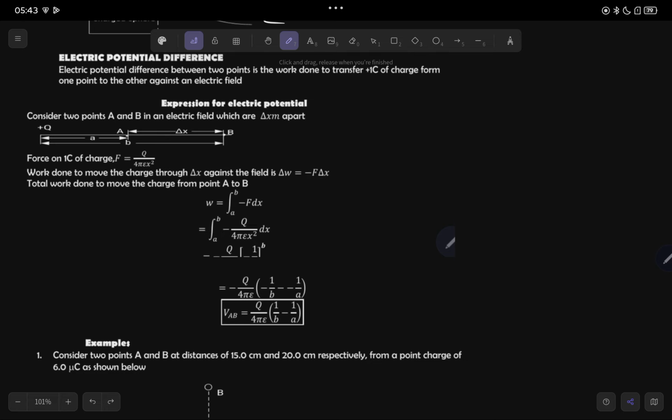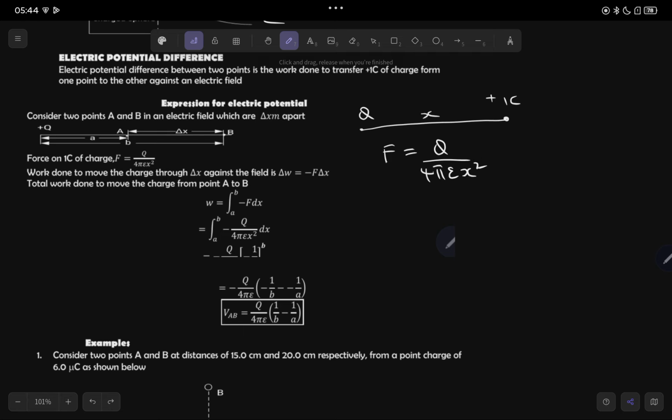Let's consider 2 points A and B. Point A is a distance A from positive Q, and point B is a distance B from positive Q. Now, the force on a 1 coulomb charge, assuming it's a distance x from Q: if you have a Q here and a positive 1 coulomb charge, they will have a repulsive force between them, and the force will be Q1 Q2 over 4 pi epsilon naught, or let's use epsilon for any medium, x squared, where between these two charges you have a distance x.